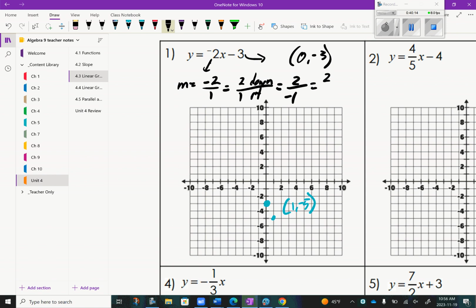Well, that would mean I need to go 2 spaces up and then 1 to the left. If I go back to my y-intercept here at 0, negative 3, and I go up 2 spaces and 1 to the left, look at how all 3 of those line up.